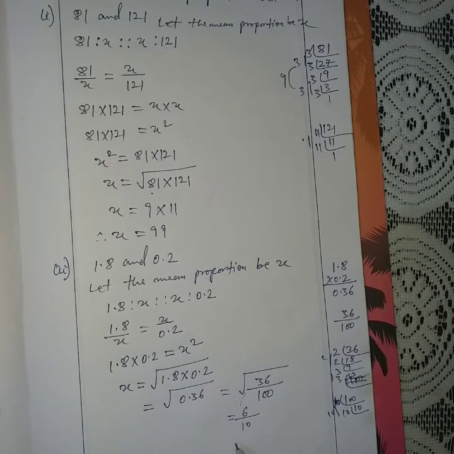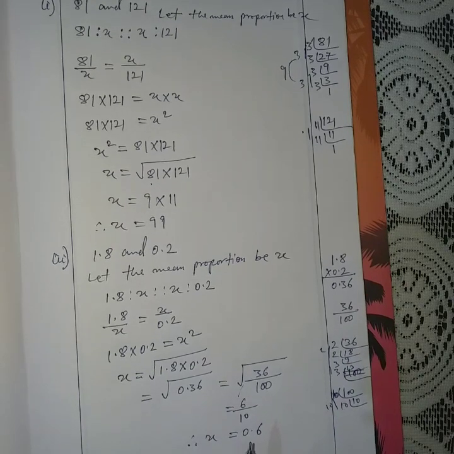So in decimal we can write 0.6. Therefore x is equal to 0.6.